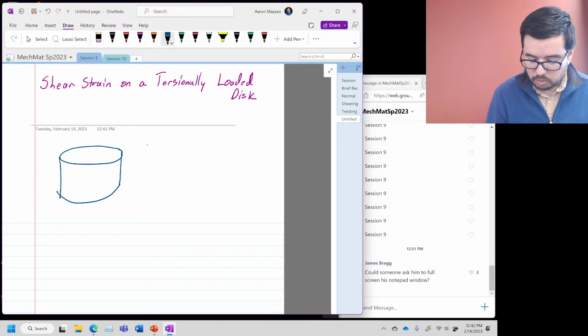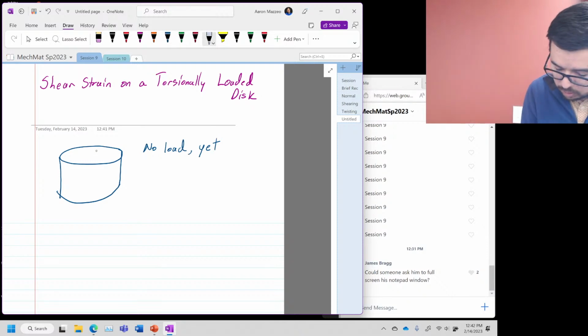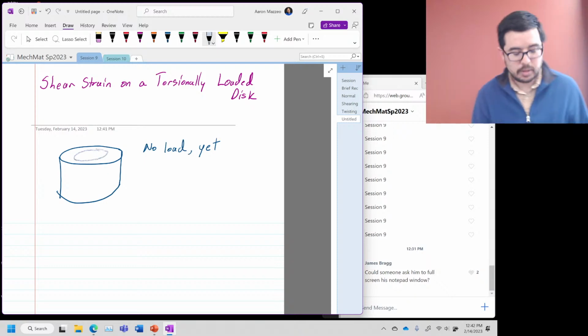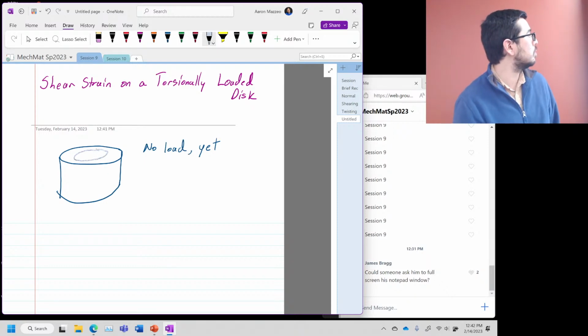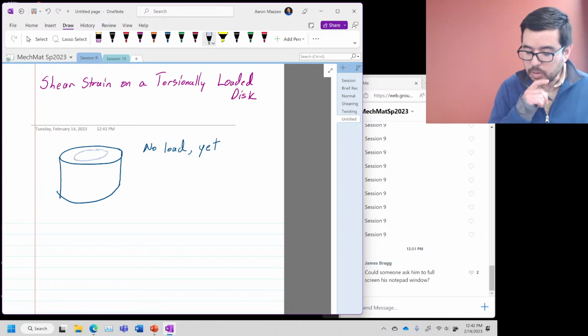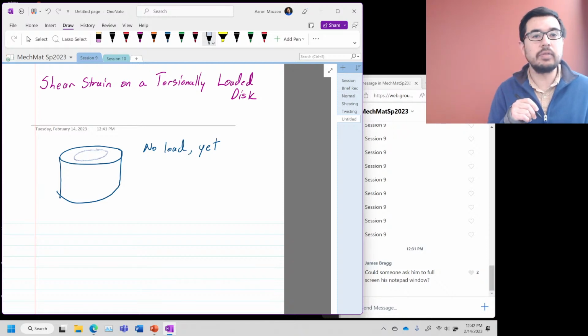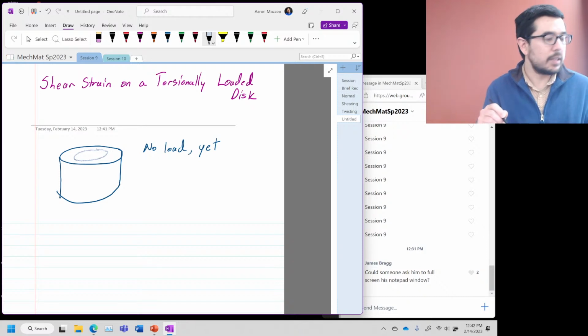So this is the no load case. Let's look at not the crust of the deep dish pizza, but some part of, I don't know, the cheesy section.